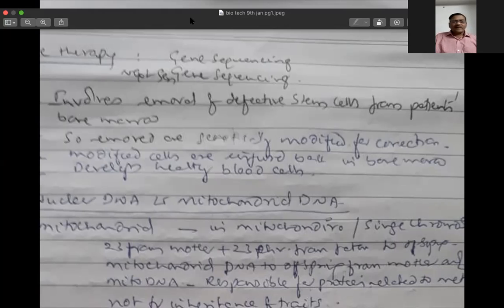In cases where the mother's mitochondria will be affected, once the embryo is formed, you introduce the healthy mitochondria of a donor into the embryo, and then the embryo with the healthy mitochondria is again placed into the uterus of the mother.